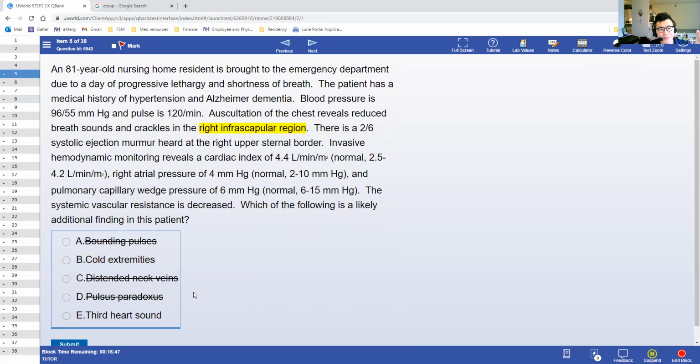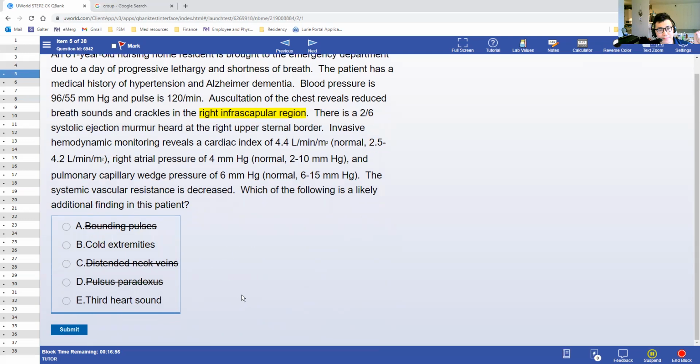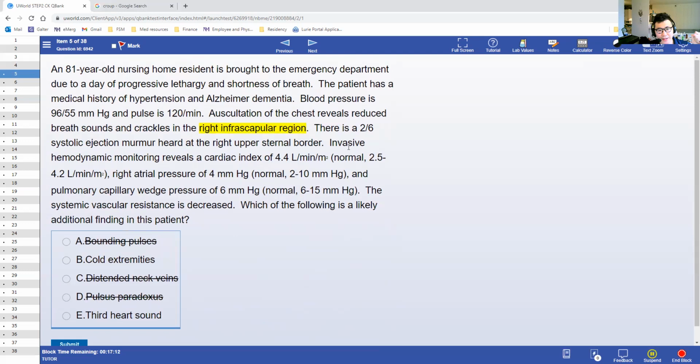Yeah, so kind of looking back, the cardiac output is still pretty high, which I find kind of odd.